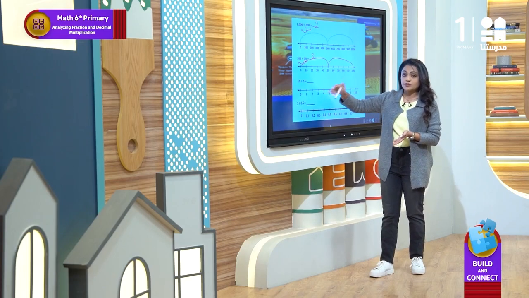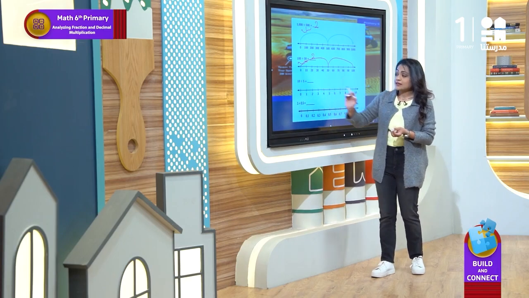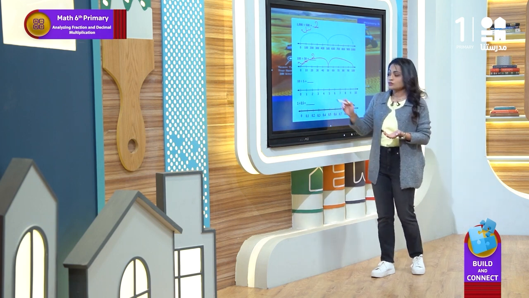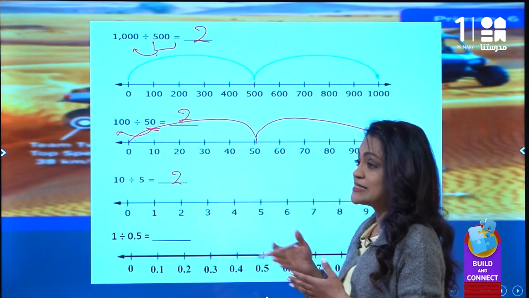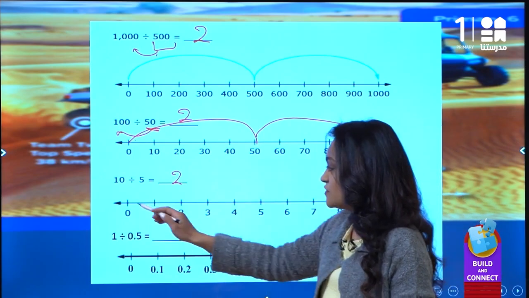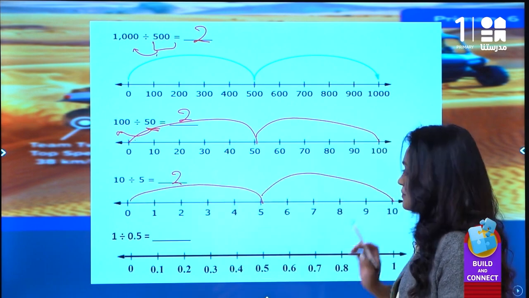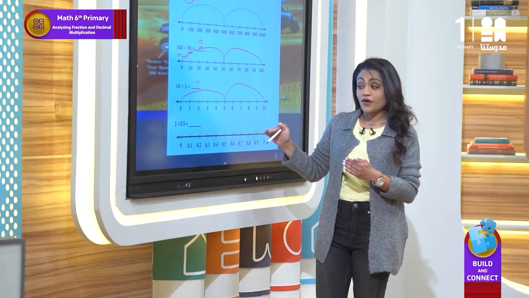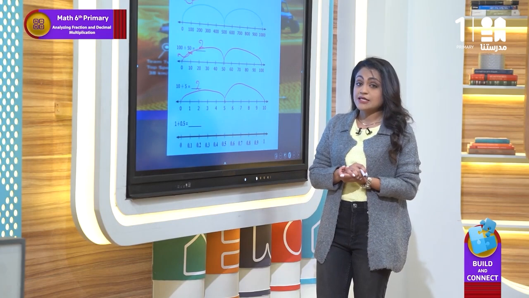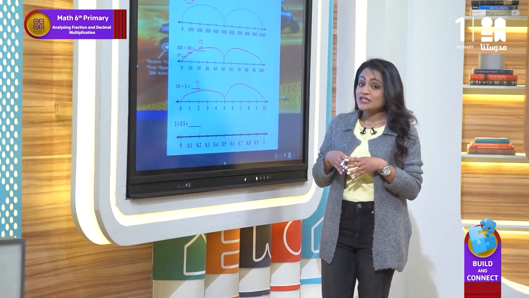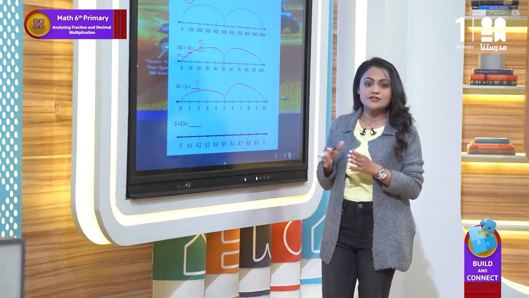In the third problem here, 10 divided by 5. As we know from the multiplication fact, the quotient is 2, right? Because 10 has two 5s. So here's 5 and another 5. In the fourth problem, the number line here is divided into decimal parts.